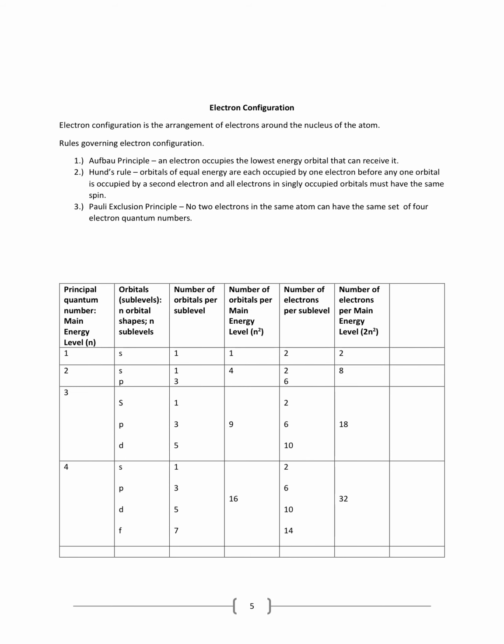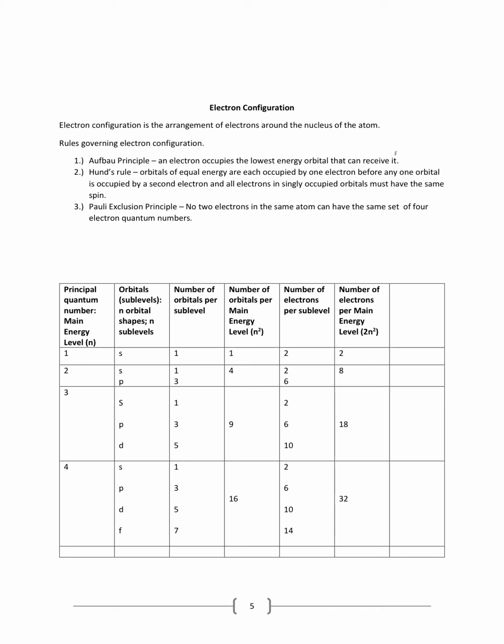So electron configuration itself. Electron configuration is the arrangement of electrons around the nucleus of the atom. The rules governing electron configuration: Aufbau principle. An electron occupies the lowest energy orbital that it can receive it. Hund's rule.